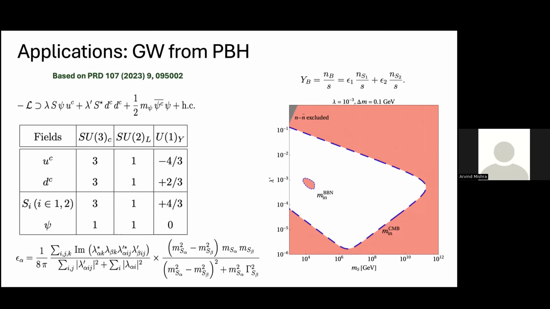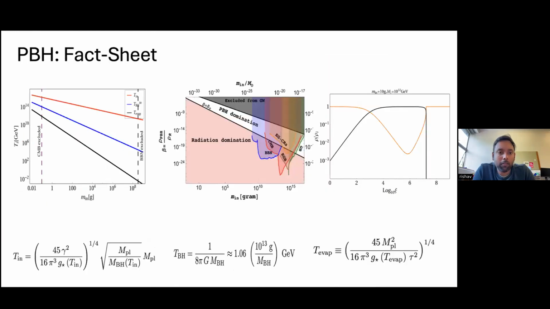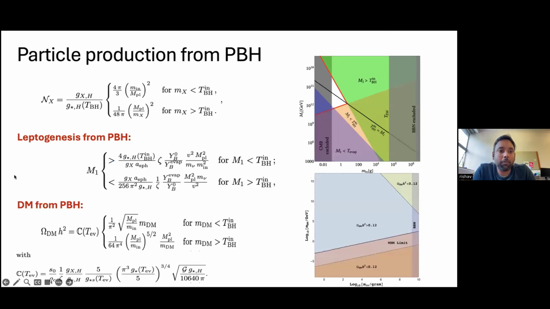Okay. So one more thing: as we know, the PBH evaporation depends on the temperature, right? Yeah, the temperature of the black hole, and temperature increases as mass decreases, as 1 by M, because of evaporation. So we expect that at a later time, when evaporation is sufficiently large, we in principle get more leptogenesis, or let's say baryogenesis, right? The thing is that, as I said, it depends on the mass of the particle which PBH is producing.